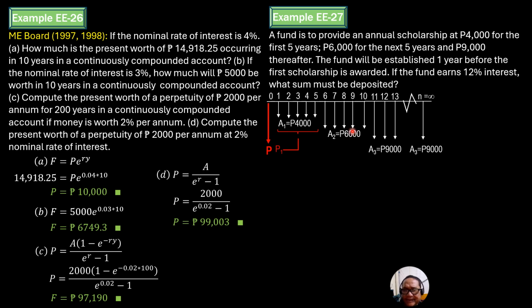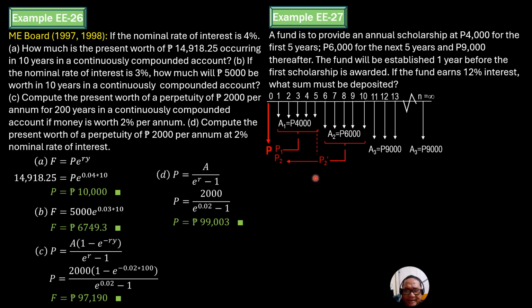Then next is for this second 6,000 pesos each. We'll first compute the present worth at the fifth year here. I'll call that P sub 2 prime. Then to make it present, we divide that by 1 plus i to the 5.